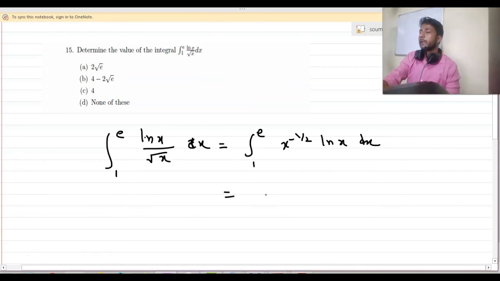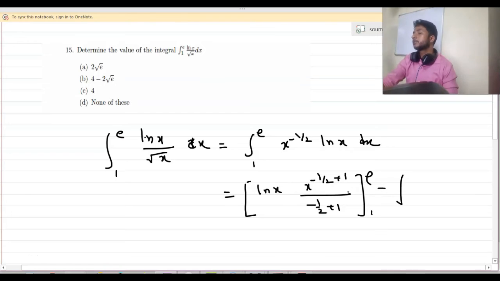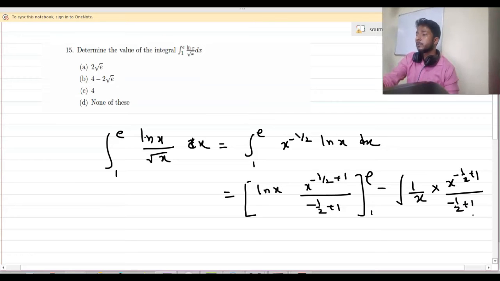So I can write it as ln x times x to the power minus half plus 1 by minus half plus 1 from 1 to e, minus integration, where we differentiate ln x with respect to x to get 1 by x, into x to the power minus half plus 1 by minus half plus 1 into dx.